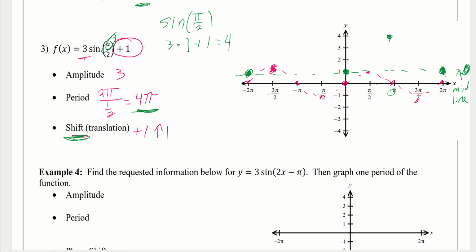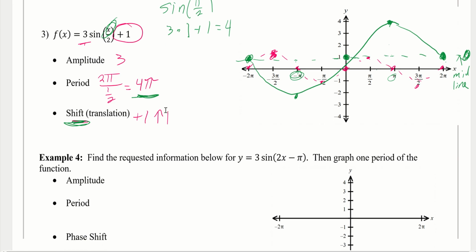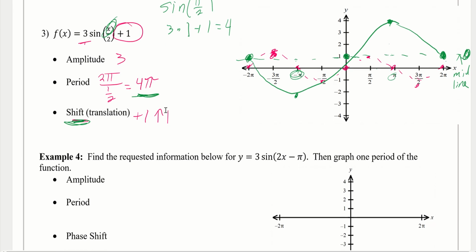So going the other direction between 0 and negative 2 pi, which is negative pi, I'm going to go from my midline down my amplitude, which is 0, 1, negative 1, negative 2. So that right there, folks, is my stretched vertically and horizontally and shifted up sine graph. Whew, that's a lot.